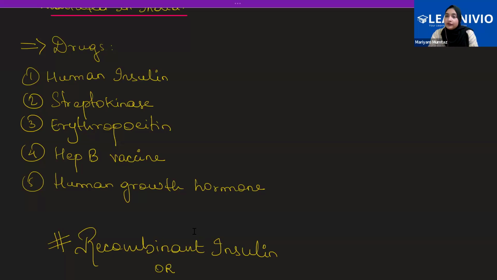Insulin hormone is important for the glucose metabolism in our body, right? Meaning insulin lowers the level of glucose in our body and the opposite of it is glucagon, which increases the level of glucose in our body.